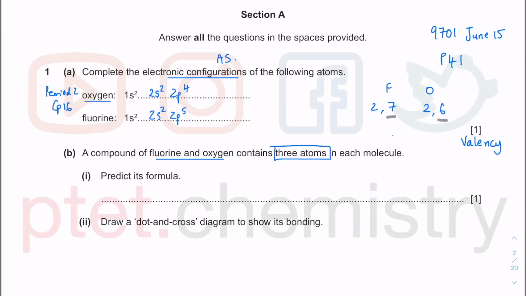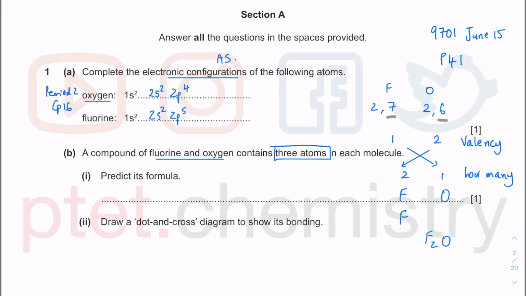So we're looking at a valency of 1 and a valency of 2, because these are how many electrons each of them need to share to complete the outer shell. And then you do the crisscrossing. That is basically the lowest common multiple of the valency, LCM, primary school mathematics. You need 2 of the fluorine and 1 of the oxygen, such that your formula is going to be F2O.